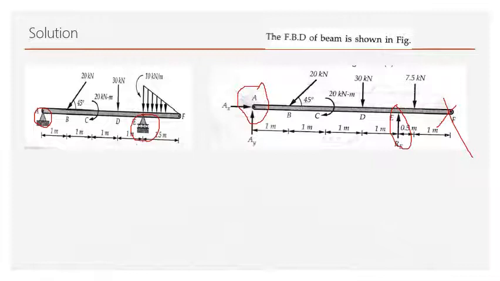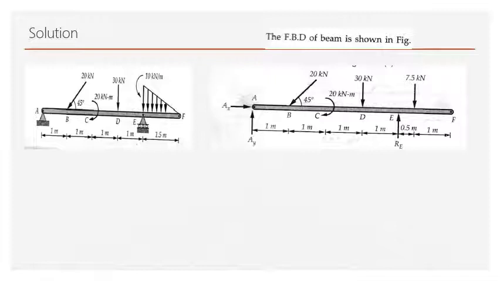So while applying the moment equilibrium condition to find out the unknown reaction, don't take the moment about the free end. What happens if we take the moment about the free end? Suppose I apply the condition sigma MF is equal to 0. We are applying the moment equilibrium conditions such that one of the support reactions is eliminated.